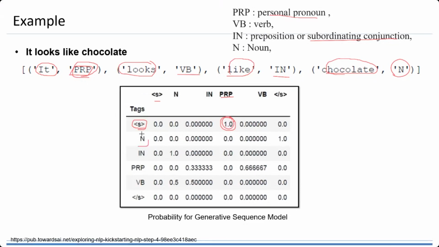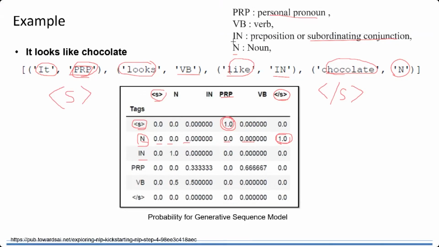After noun, the probabilities are 0, 0, 0, 0, 0, and 1. We know that the probability is high when it is ending. So this is start and this is the ending of a sentence.